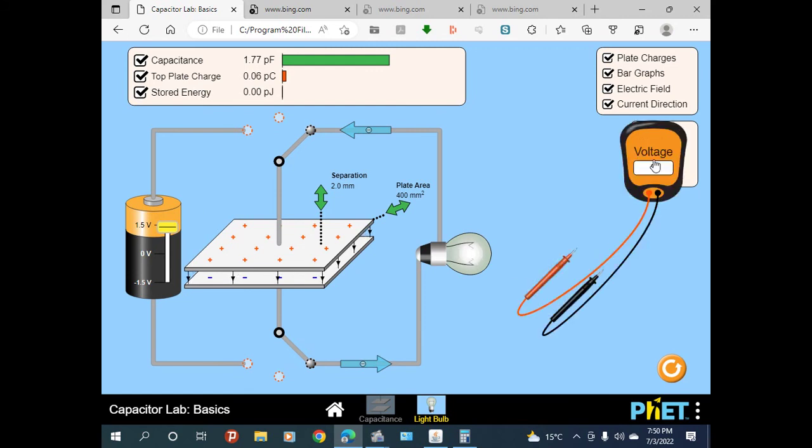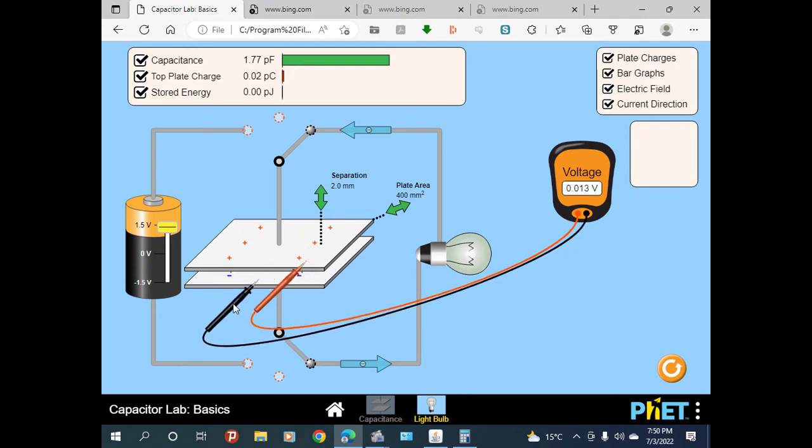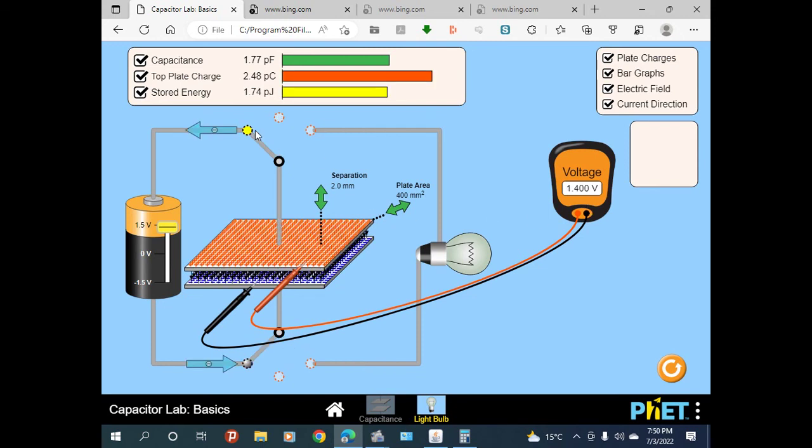So we need to measure the voltage across the plate. What do you see? Let's disconnect and connect.